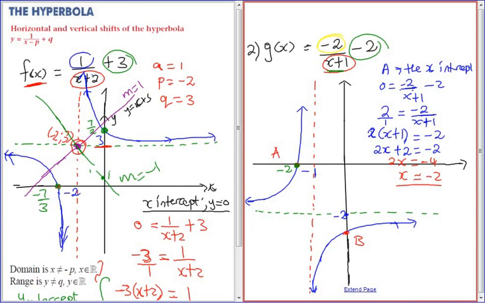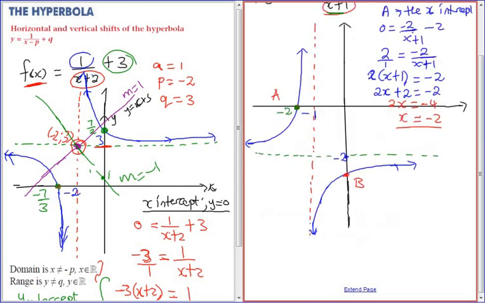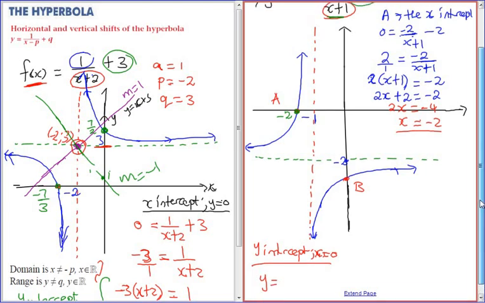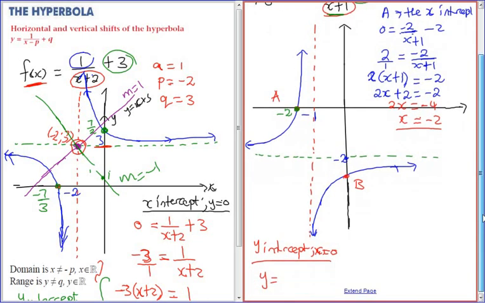Okay, the last thing I want you to do on the intercepts is to calculate the y-intercept. And calculating the y-intercept is not a problem. All you have to do is to make x 0 for this one. So to do that, just go to the equation, put x of 0. Our equation, what is it? -2 over x plus 1, minus 2.